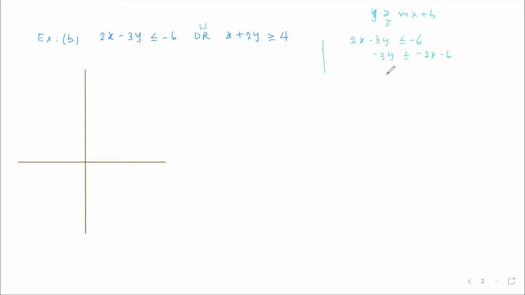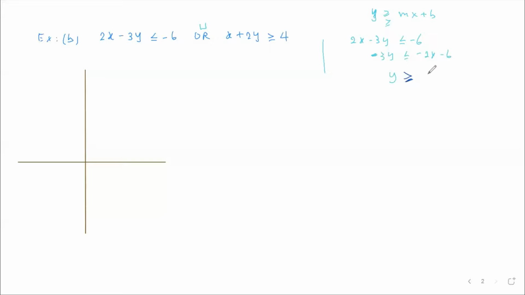Then I need only one y, so I divide by negative 3 for every term on both sides. When you divide or multiply by a negative, you have to change the inequality sign, don't forget. This is really important. So it becomes greater than or equal to.